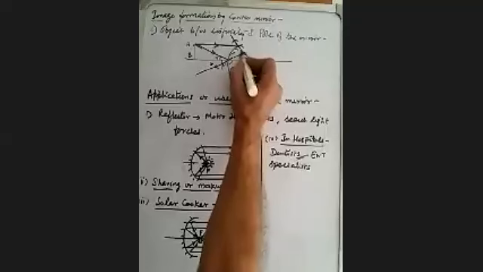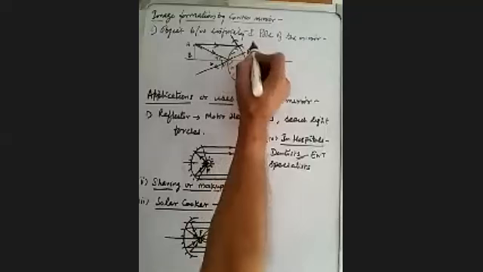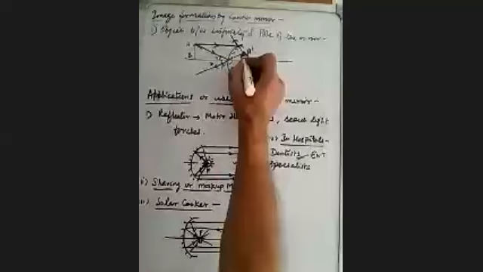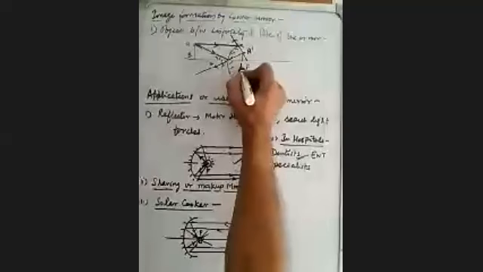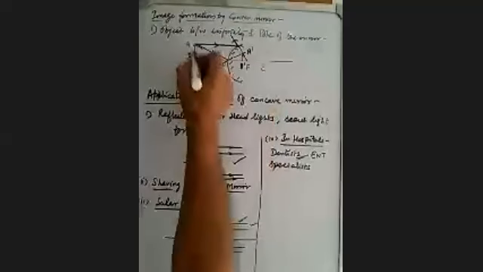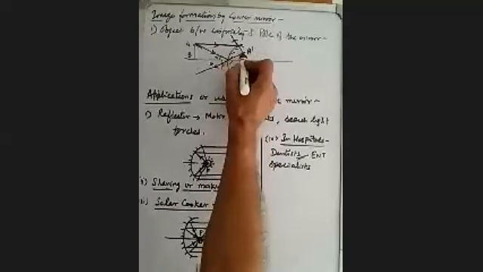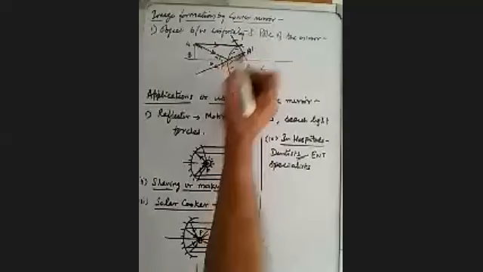Both these rays seem to be meeting at this point. So this point becomes the virtual image A dash of point A. Draw a perpendicular. A dash B dash is the virtual image of the object AB.